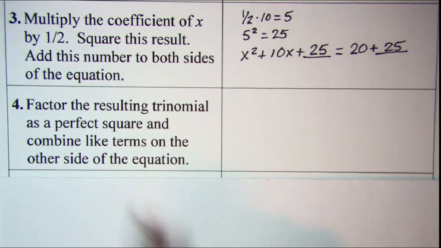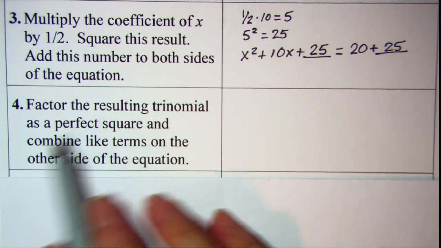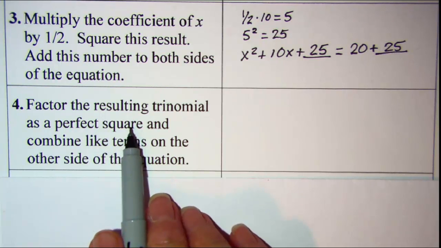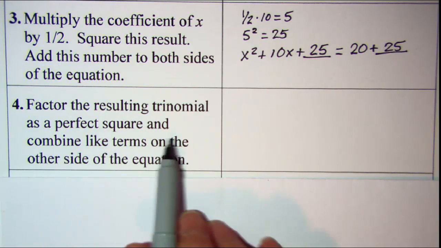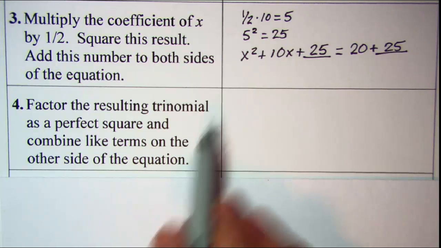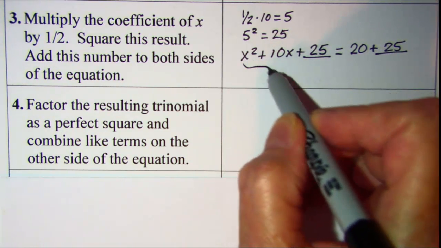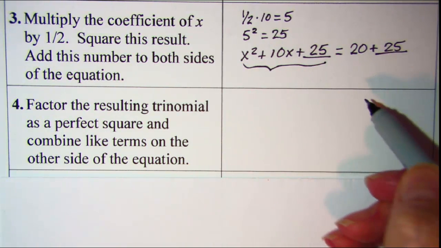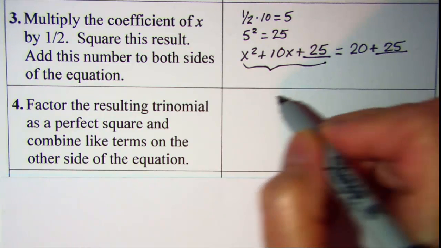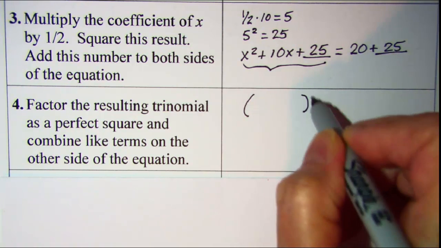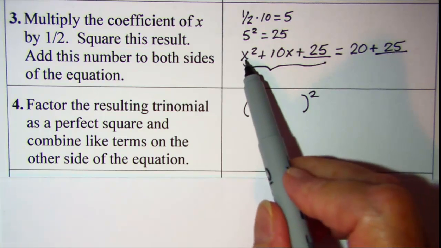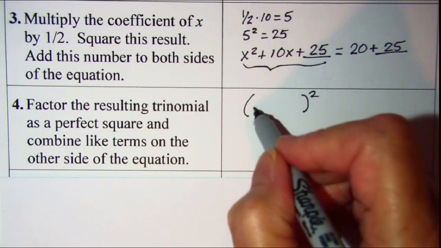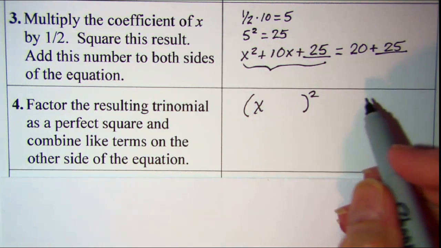Our next step is to factor the resulting trinomial as a perfect square and then combine like terms on the other side of the equation. So on this side of the equation, this is a perfect square trinomial now, and we know that it'll factor. You square root this first term to give you the first term of your binomial.